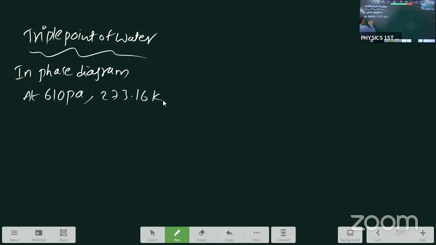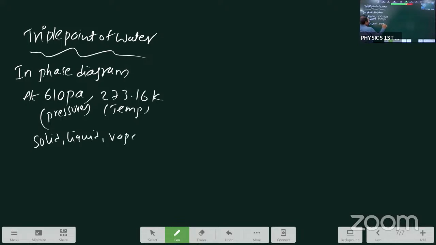At this pressure, at this temperature, solid, liquid, vapor of water coexist.